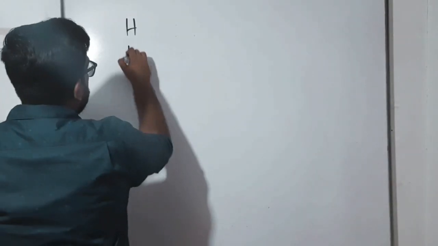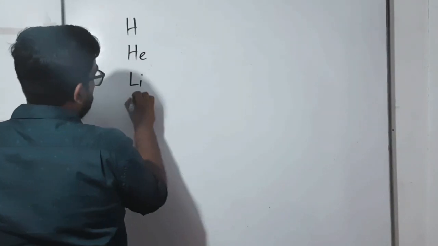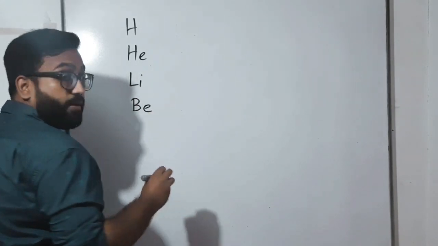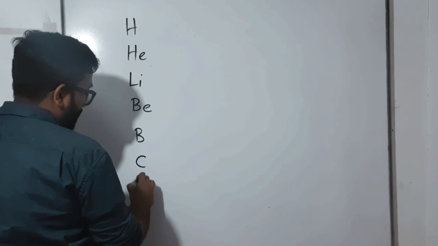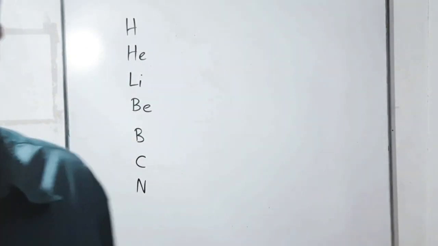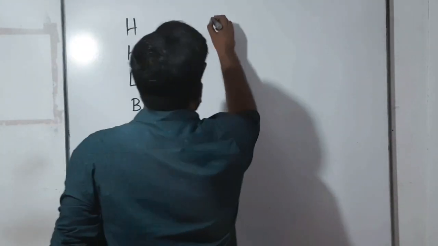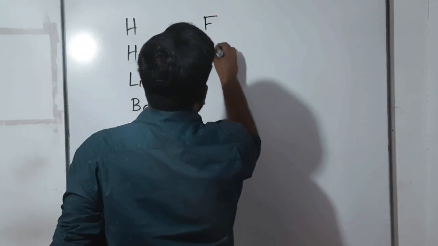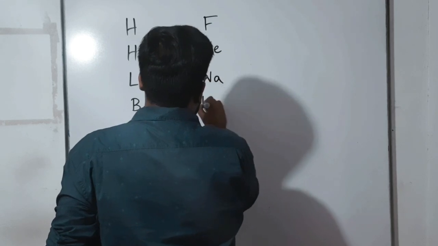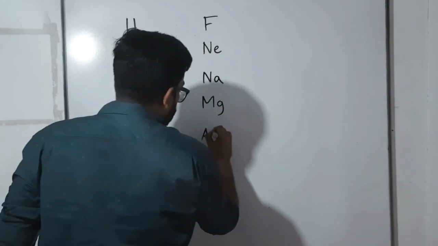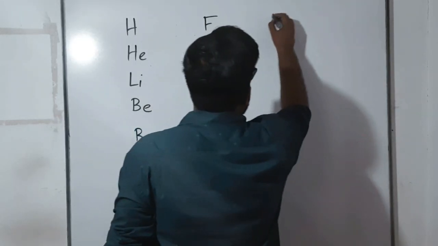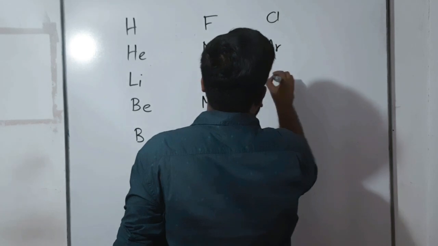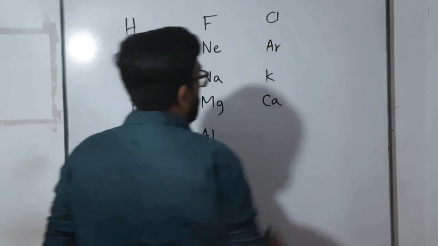Hydrogen, helium, lithium, beryllium. Now you can read again with me. Beryllium, boron, carbon, nitrogen, oxygen, fluorine, neon, sodium, magnesium, aluminium, silicon, phosphorus, sulfur, chlorine, argon, potassium, calcium.